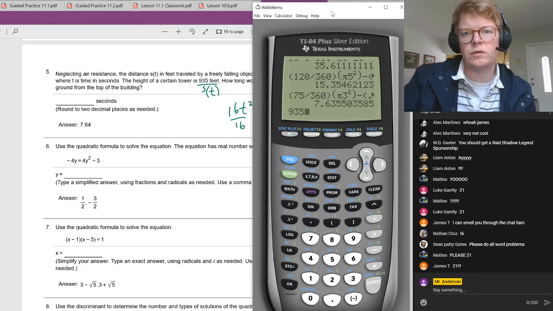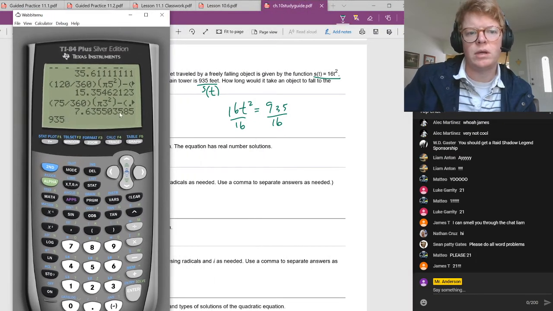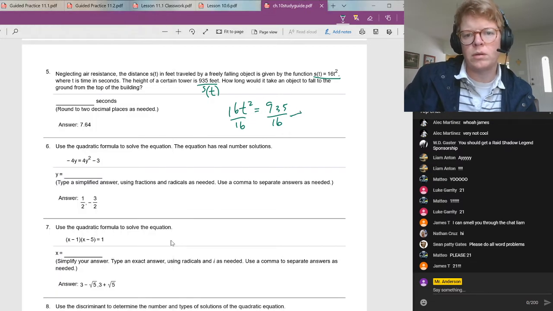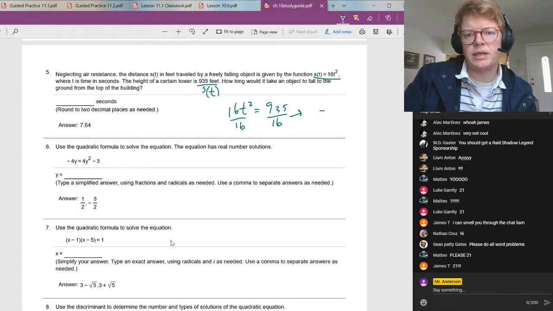Let me move this over here so you can see. 935 divided by 16 is 58.44. So 58.44 is what t squared equals. And then I'm going to finish off by square rooting it.